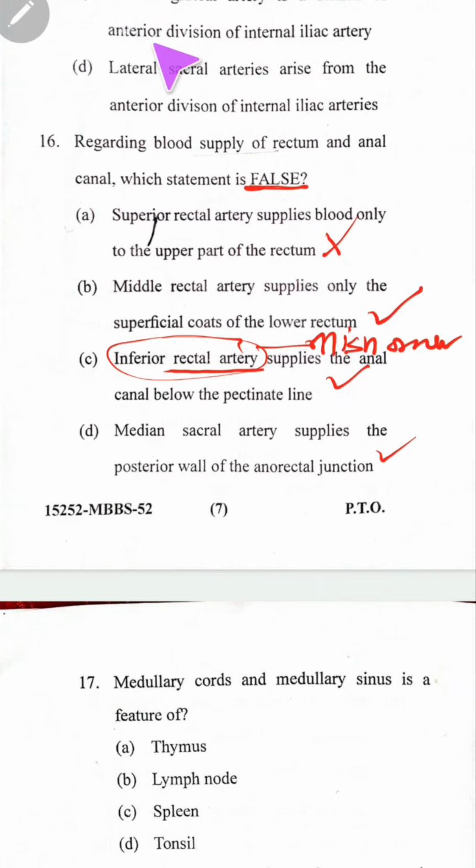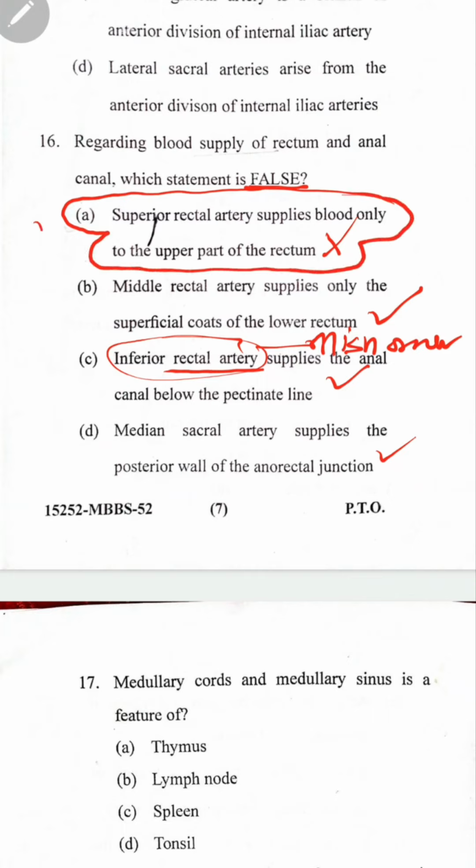So your answer here is, remember the important point I'm telling: superior rectal artery supplies blood to the entire rectum, including the upper one third of the anal canal, that is above the pectinate line. Got it? So this is actually the false statement which ultimately becomes your answer.